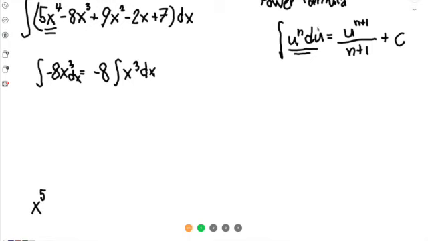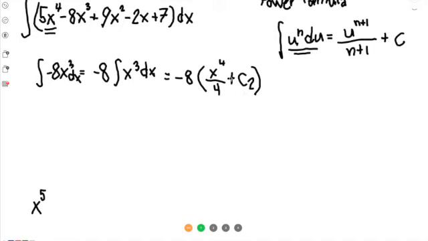So this should be equal to negative 8 multiplied by x. That would be 3. N plus 1. 3 plus 1, that would be 4. All over n plus 1, which is also 4. Plus our constant of integration, let's call it c sub 2. Okay, so as you can see, for the first one, this one will cancel out.